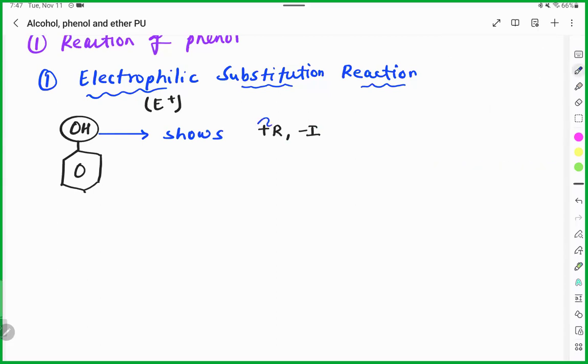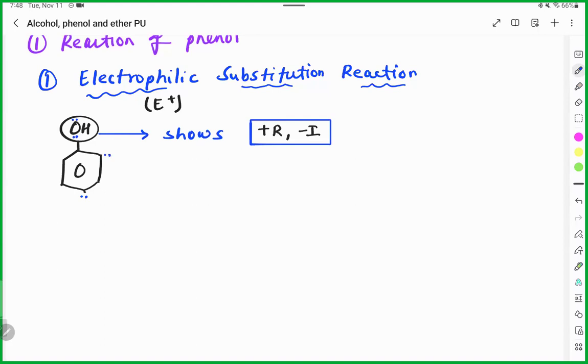Very, very important. OH shows resonating structures. The oxygen contains a lone pair of electrons. When these electrons move, they can be present on the ortho position and para position.